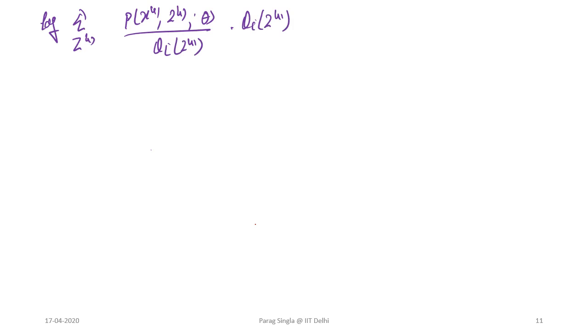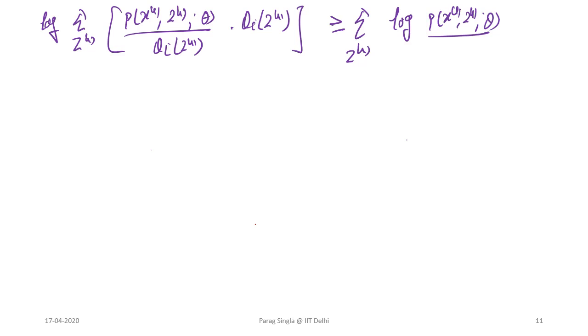So let me write that expression again here. We have log of sum over zi of p(xi, zi; theta) over qi(zi) into qi(zi) is greater than or equal to sum over zi of log of p(xi, zi; theta) over qi(zi) into qi(zi).